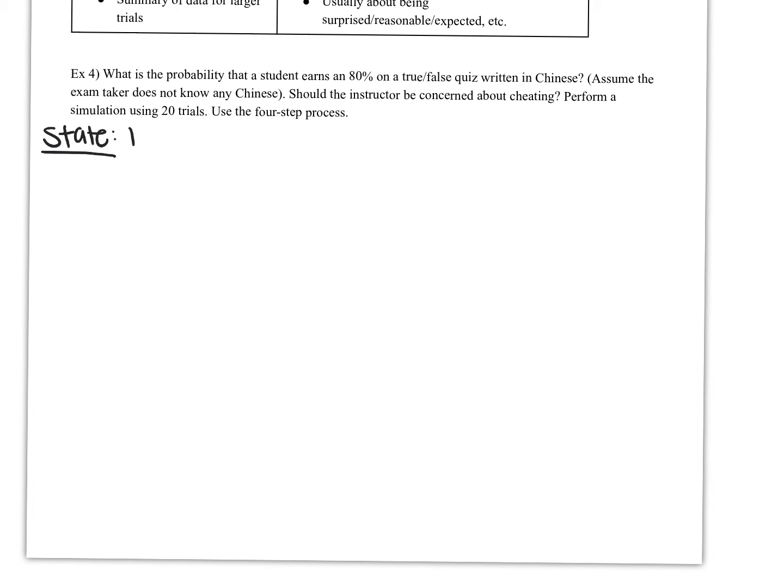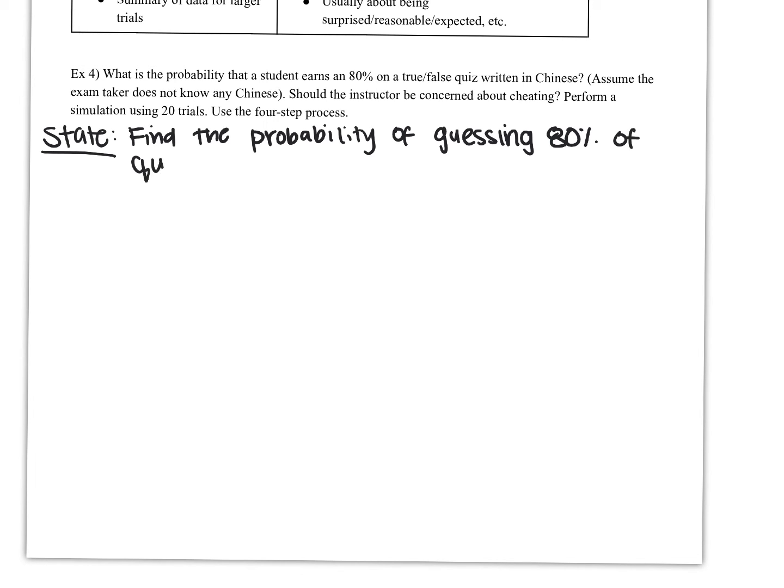We want to find the probability of guessing 80% of questions correctly on a true-false quiz.